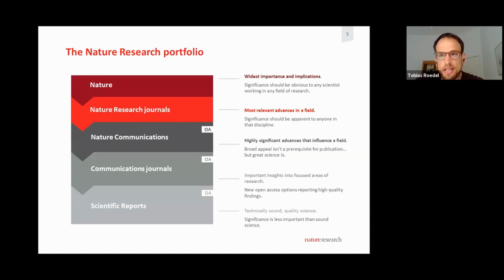I'm working at Nature, but I want to talk a little more broadly about all the other Nature journals. By now we have quite a few of them, and we have this hierarchy of different journals. At Nature, we strive to publish really the most important results. But then we have many other journals also with a very good reputation in the communities.